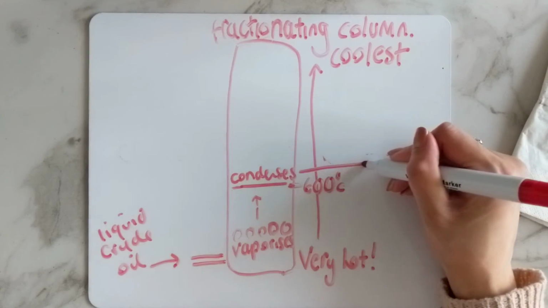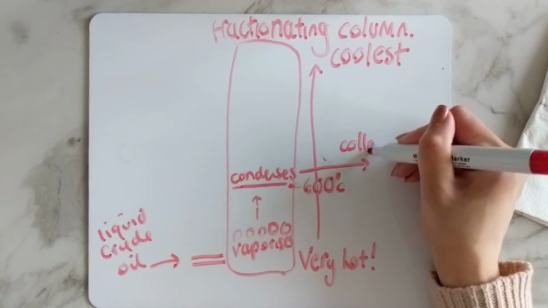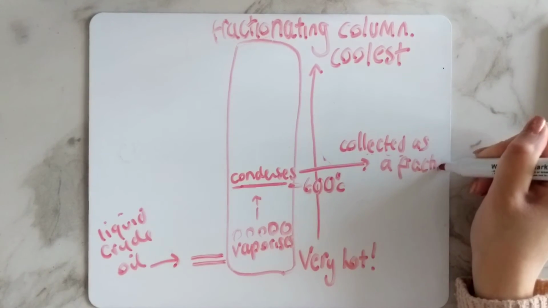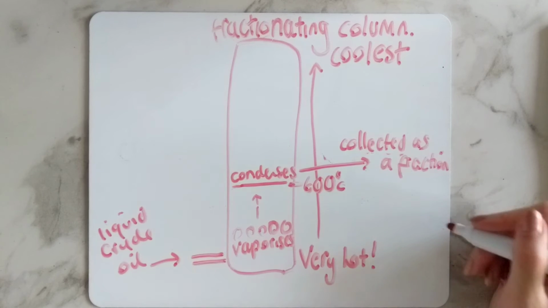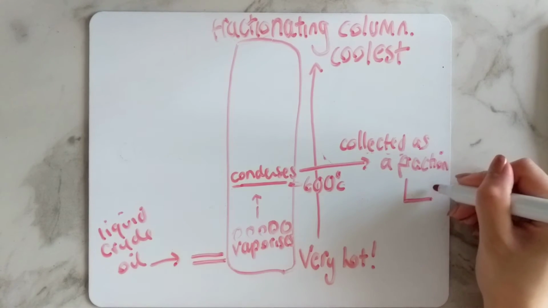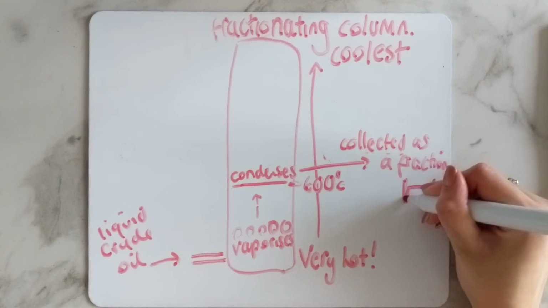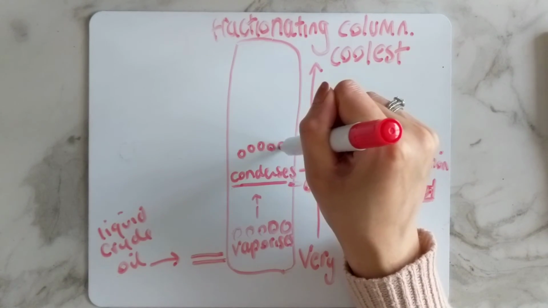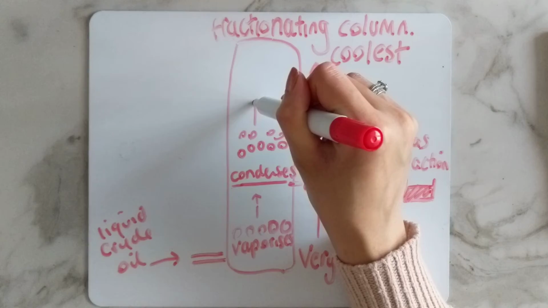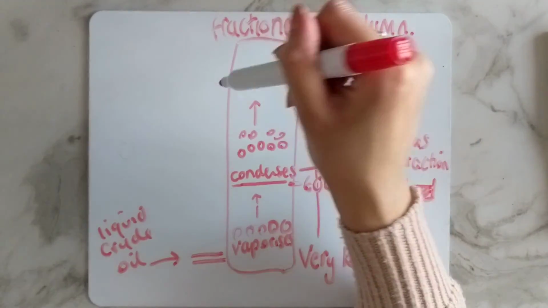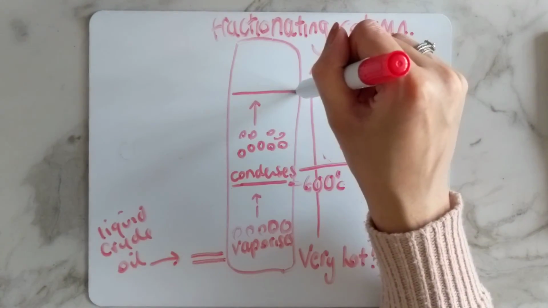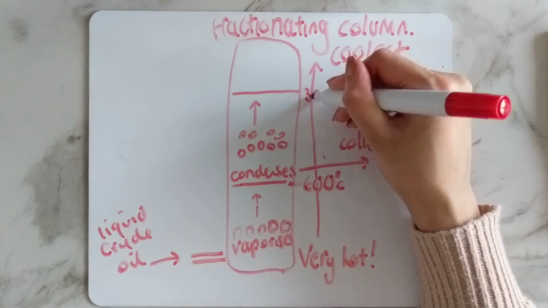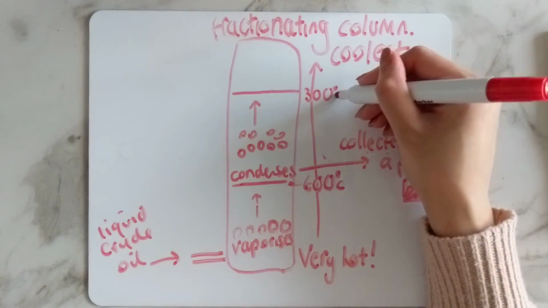So it turns into a liquid and is collected separately as a fraction. A fraction just means sort of like a section. And in here would be my diesel. The rest of the crude oil mixture continues to rise until it hits something else's boiling point, like petrol. Again making up numbers, petrol has a boiling point of 300 degrees.